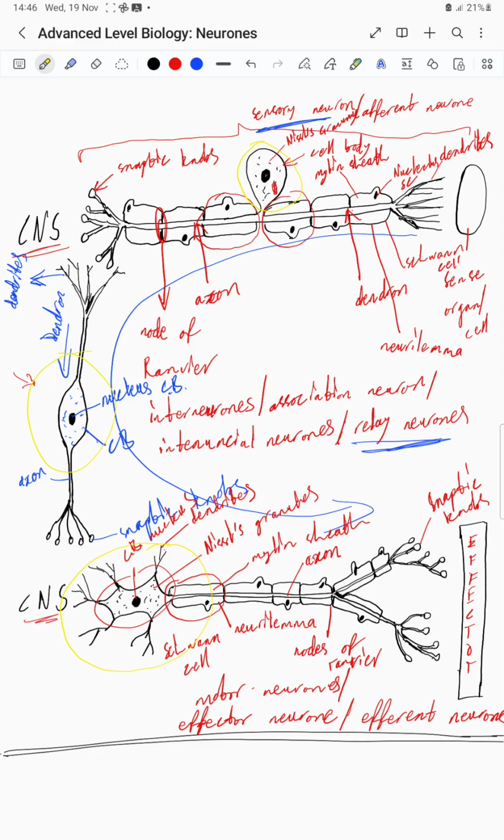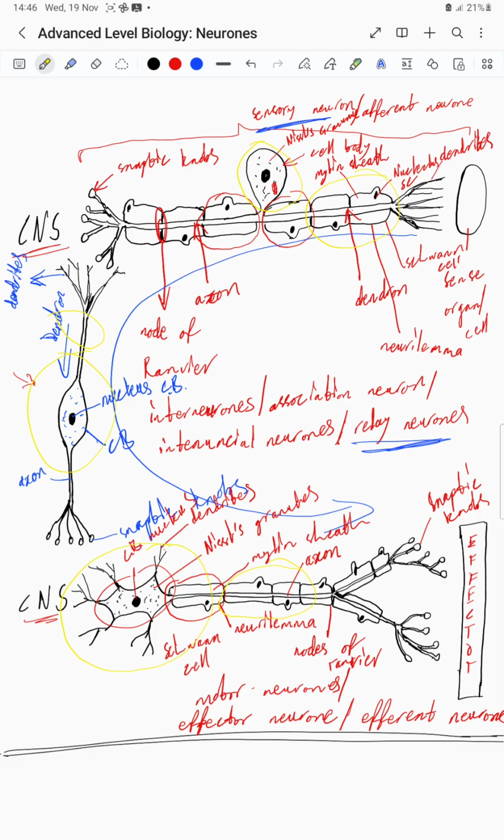Also, the motor neurons are myelinated, they have Schwann cells, but the relay neuron does not have any Schwann cells.